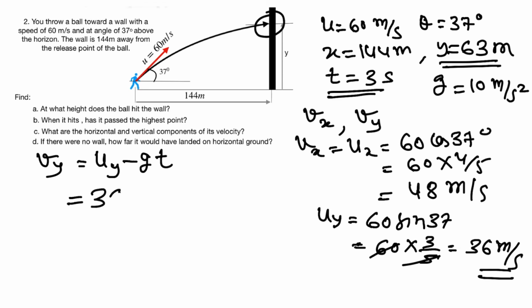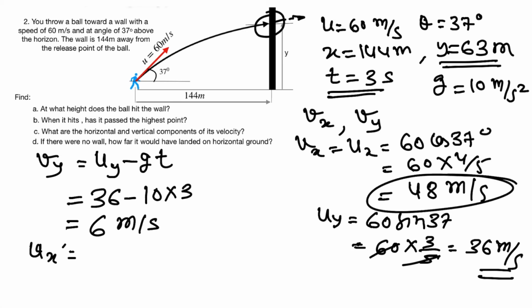So this is 36 minus 10 into 3, which is equal to 6 meter per second, and this is positive. It means this projectile was still going up. The horizontal component is Vx, which we already calculated, 48 meter per second, and the vertical component is 6 meter per second in upward direction.